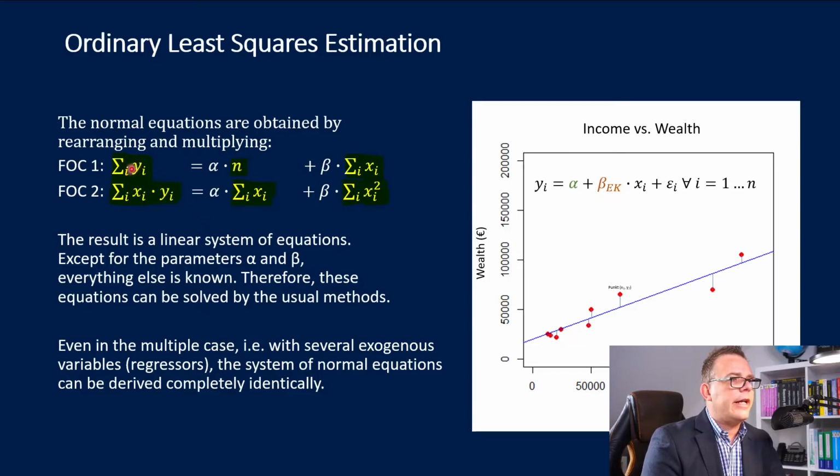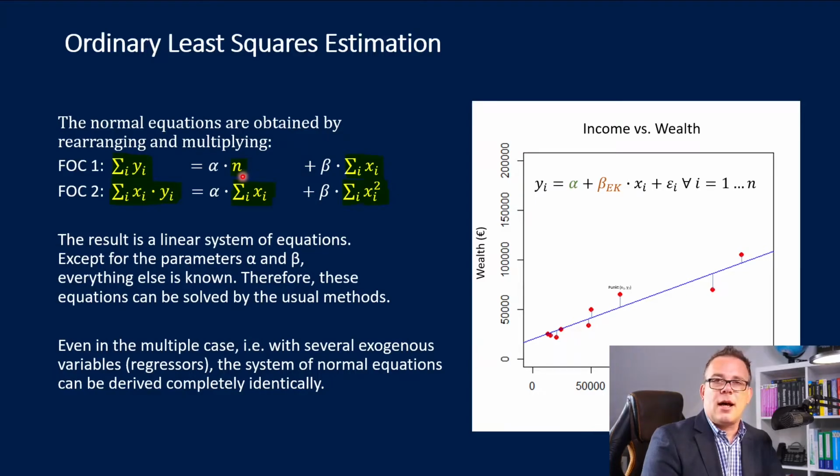If we now rearrange our two first order conditions the way I did it here, you can see something. And I highlighted all that with the yellow ink here. If you rearrange your formula just like this, you will notice that the yellow highlighted parts of the formula are well known because they are simply based on the data that you have. Here you have, for example, the sum across all epsilon i.